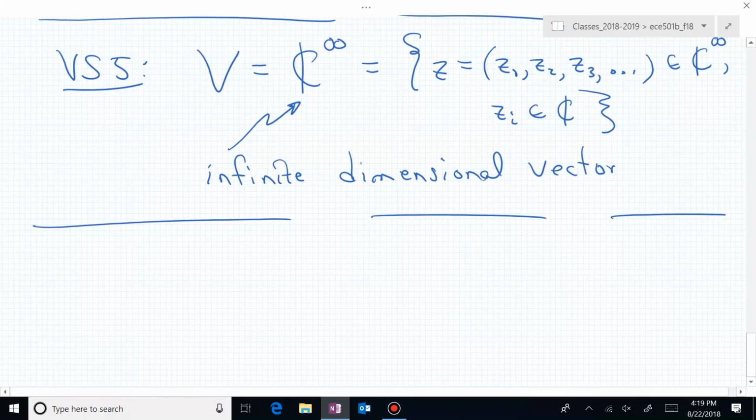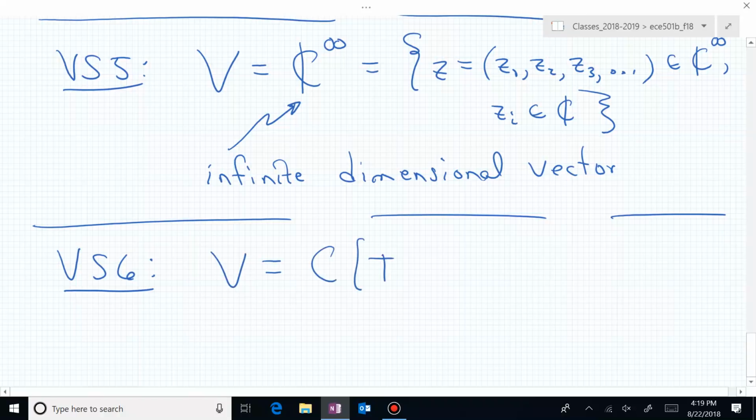So in a sense, there's an infinite dimensional vector space. Another infinite dimensional vector space, number 6: V is now C of the closed interval T, where capital T is little t between endpoints a and b.